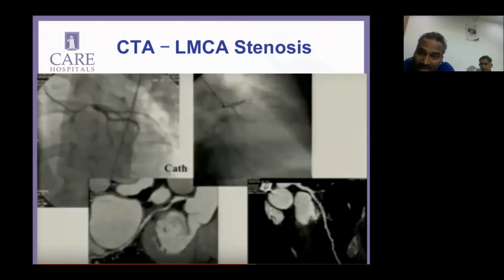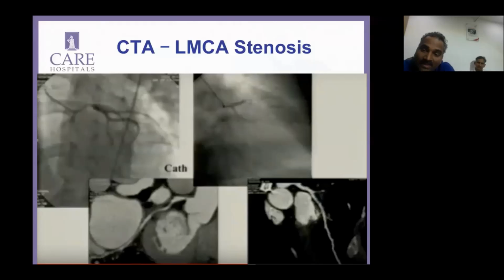If you find an LMCA stenosis, the rest of the coronaries are normal, and the patient is borderline symptomatic, I would, in the last 2 years I had two such cases, directly go for it. Despite a good cannulation and good injection, even after NTG and diltiazem, whatever vasodilator you want, I would always recommend a CT angio in such a patient with LMCA stenosis and otherwise normal coronaries.